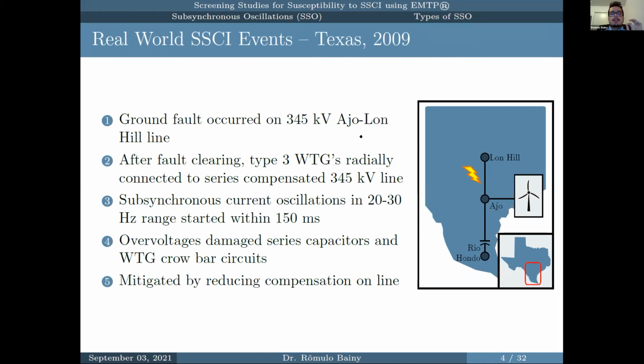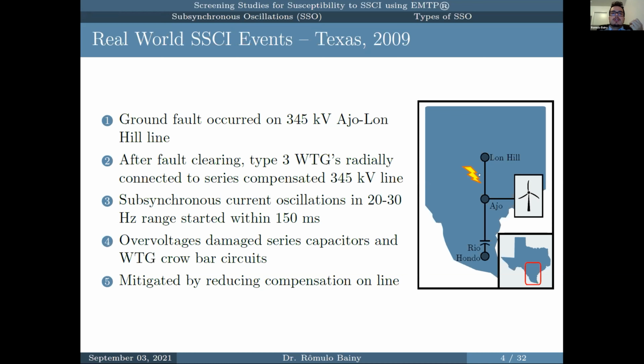So I want to jump into some real world SSCI events. They've been happening in several parts of the world. I just brought a few that we can focus on today. Here we have a case that happened in Texas in 2009. Here, what happened is that this line between Lone Hill and Agile faced a fault. That fault disconnected this line.